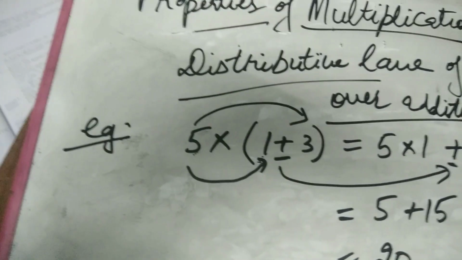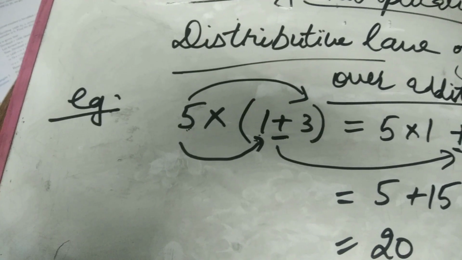Now next we have the division on whole numbers. For the division on whole numbers, we will be dealing with the division algorithm. We are very much familiar with this.